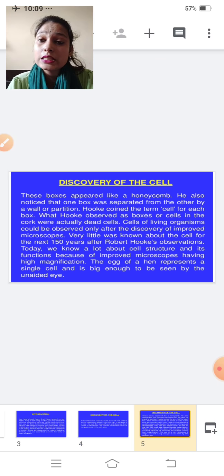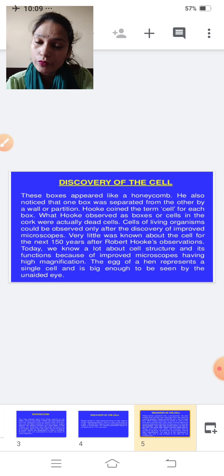These boxes appeared like a honeycomb. He also noticed that one box was separated from the other by a wall or partition. Hooke coined the term cell for each box. What Hooke observed as boxes or cells in the cork were actually dead cells.